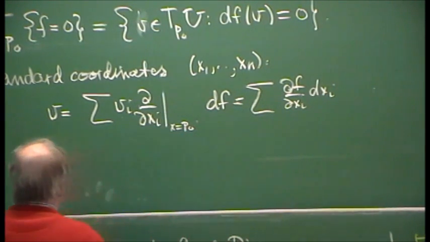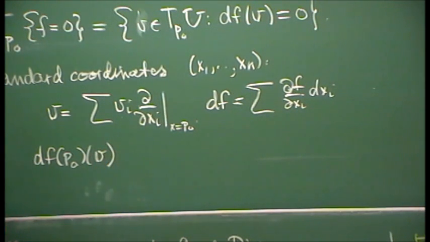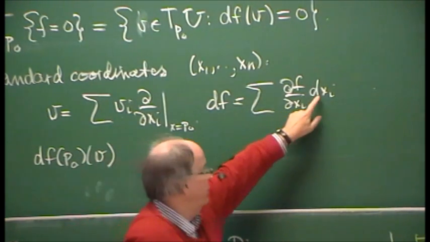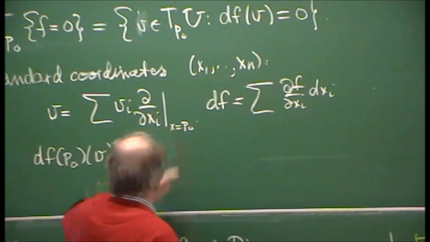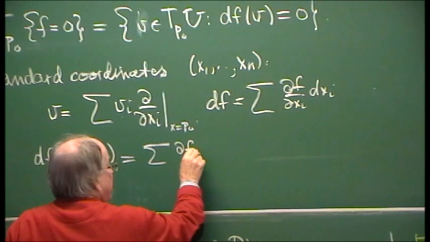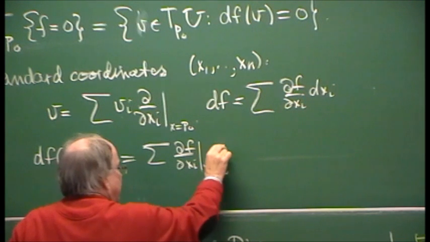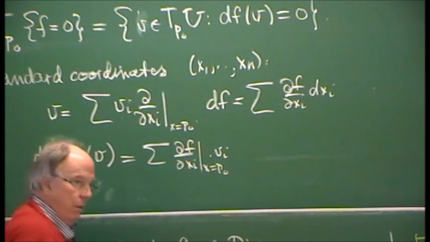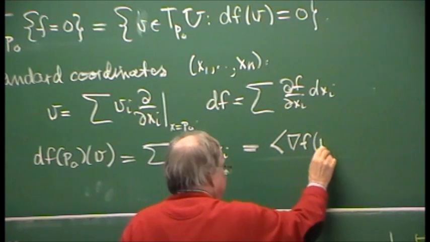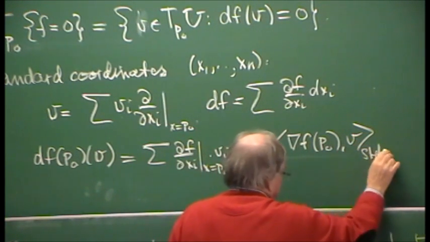So df at the point p0 of v, it's not very hard. You put v in here, and of course, this basis is dual to that, so that's just the sum of partial f over partial xi, at the point in question, times v. And that is, of course, the standard inner product of the gradient of f at the point p0 with v.